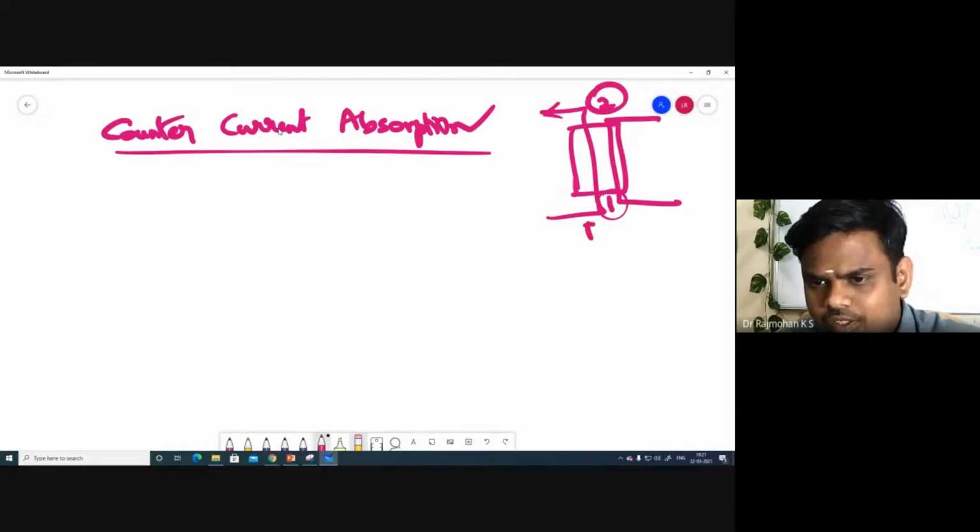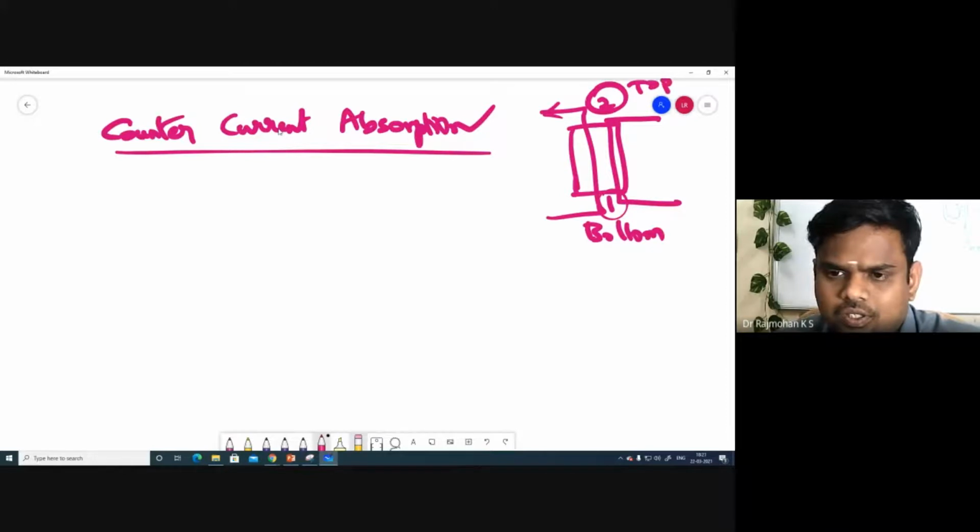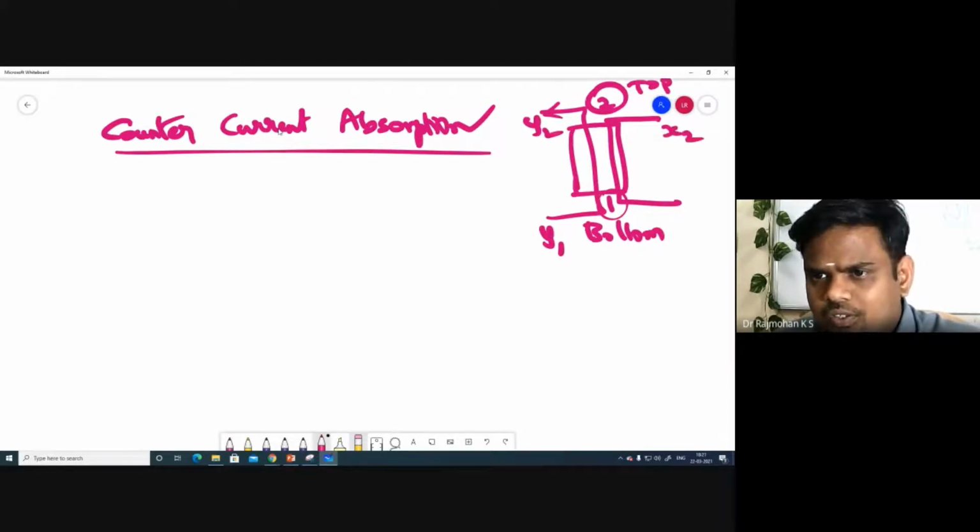Let y1 and y2 be the mole fractions, with x2, y2, G2, and x1, y1, G1, L2, L1.